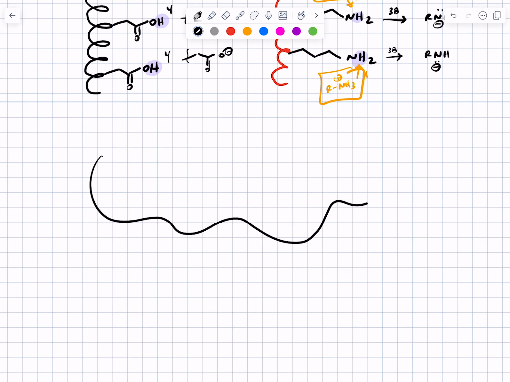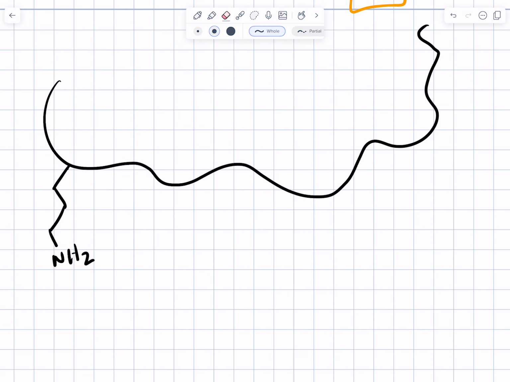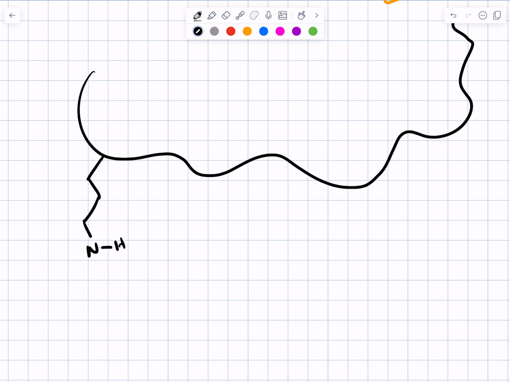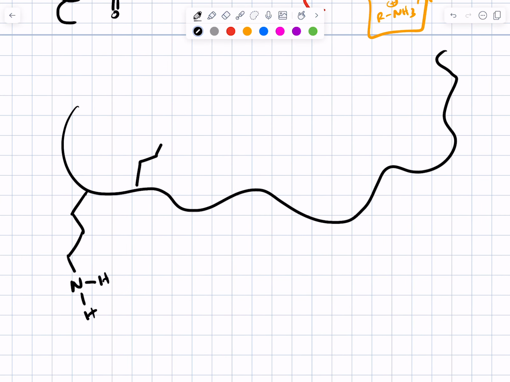Here is a large protein, and we'll simply draw some other functional groups on it. We'll put the neutral amine. We've already done both of these two.